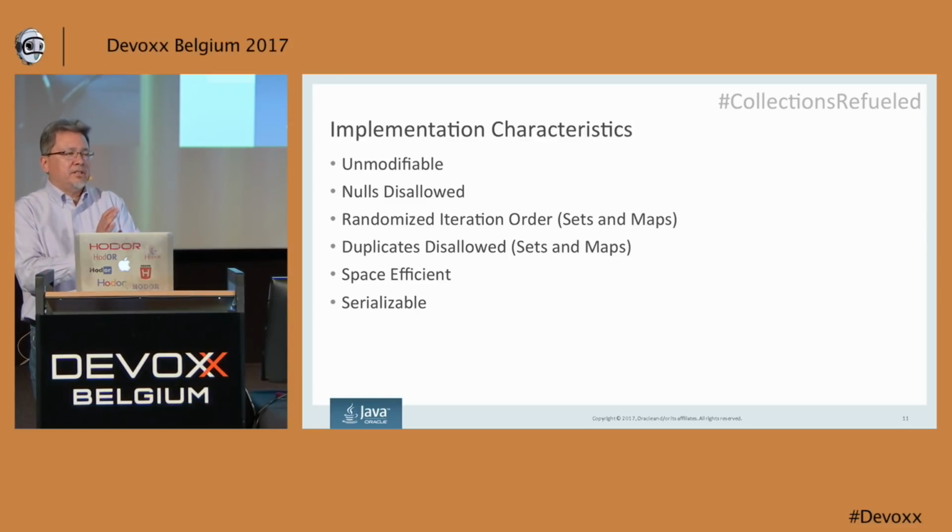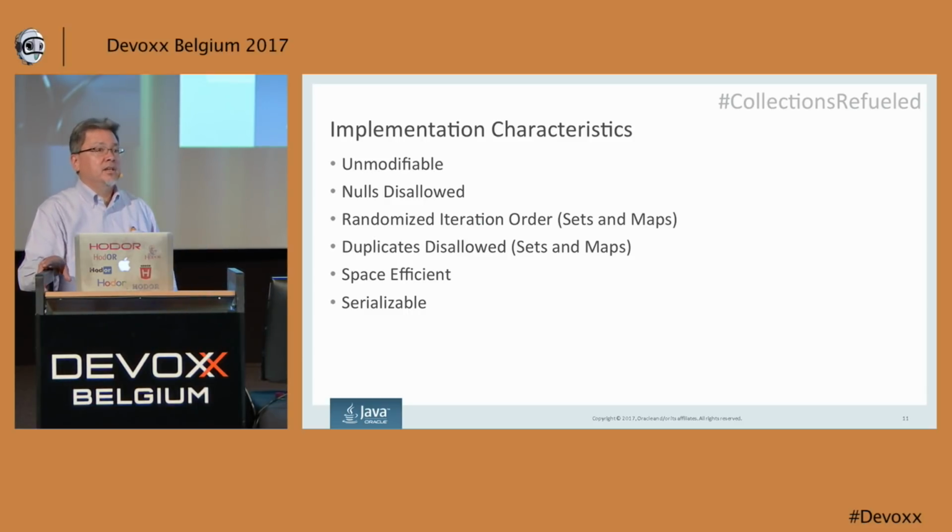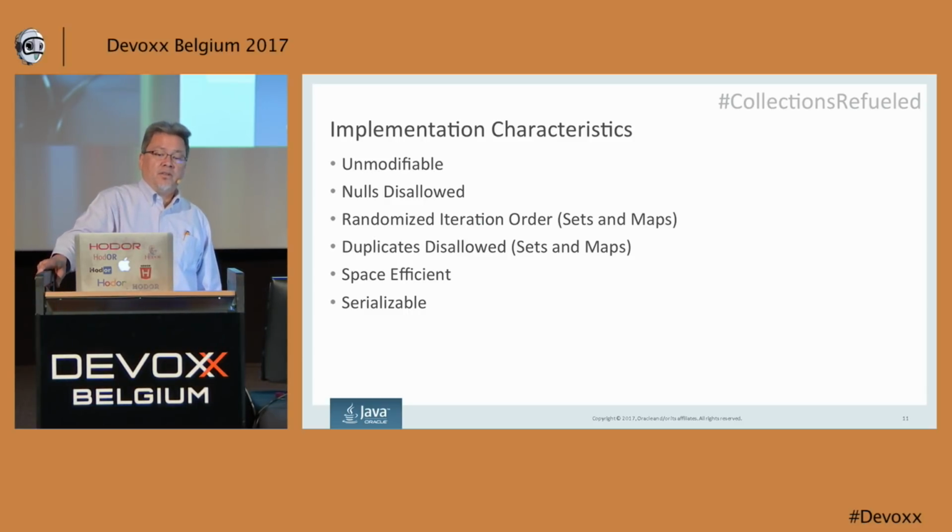These implementations have a bunch of different characteristics that differ from what I'll call the conventional collections. The first one is that they are unmodifiable. I have details on this later on. They're unmodifiable, they disallow nulls, and they have randomized iteration order.